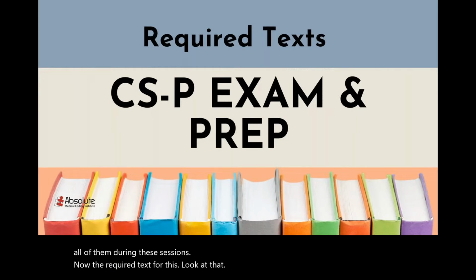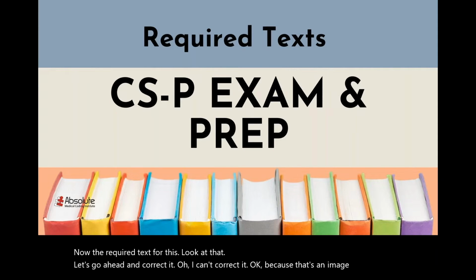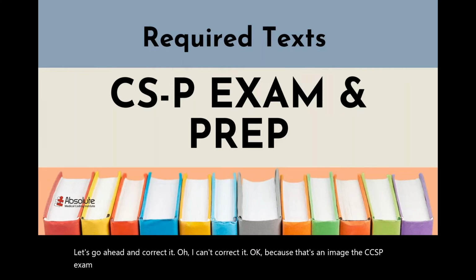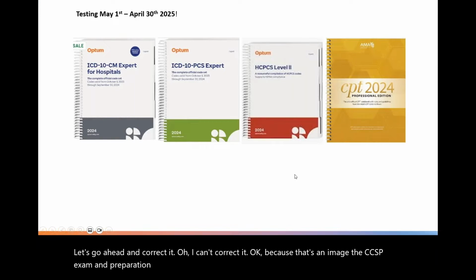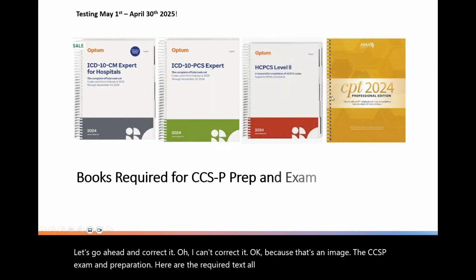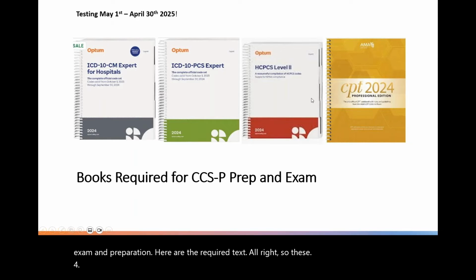Look at that. Let's go ahead and correct it. Oh, I can't correct it. Okay, because that's an image. The CCS-P exam and preparation, here are the required texts. All right, so these 4 are, no, it's not PCS. What am I doing here? Let's go ahead and do it right.